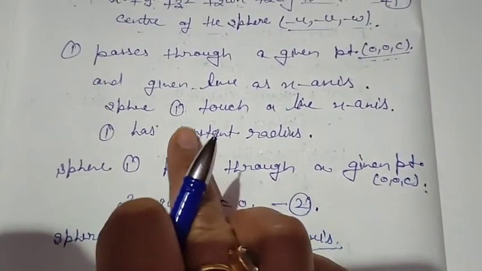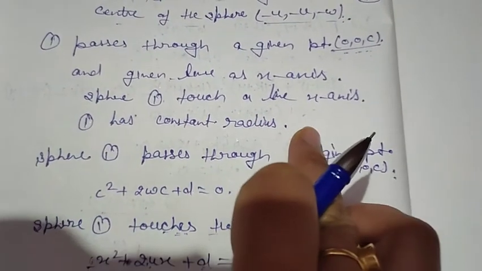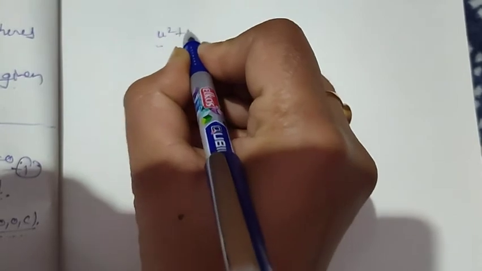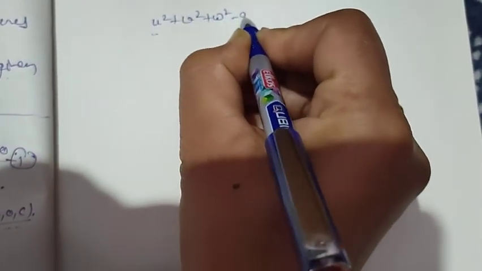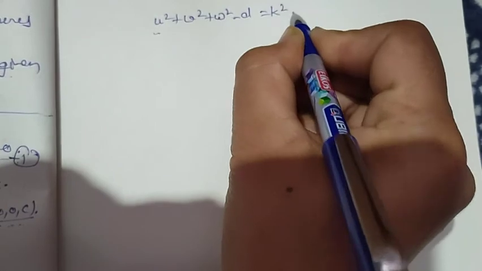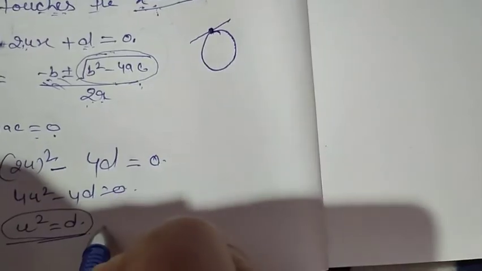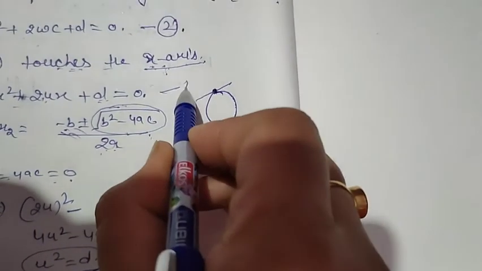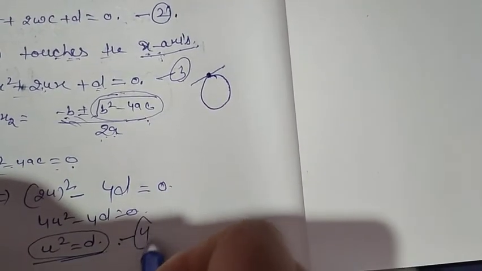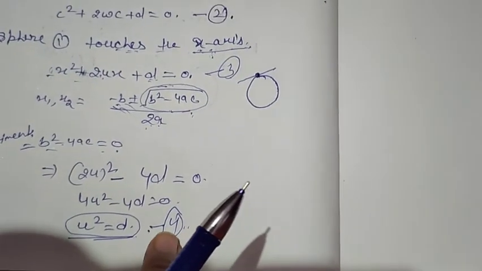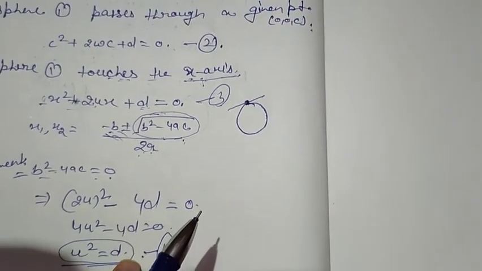Now we find the third condition. This sphere has a constant radius, so u square plus v square plus w square minus d is equal to k square. This is equation 4th. We found d is equal to u square.